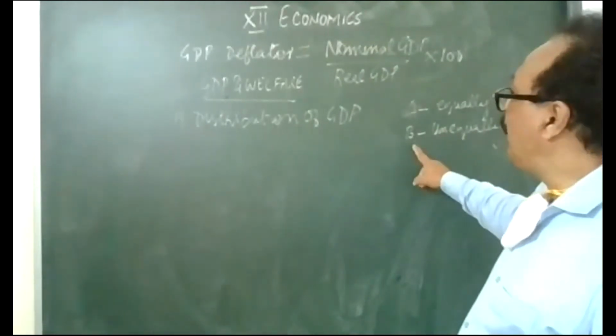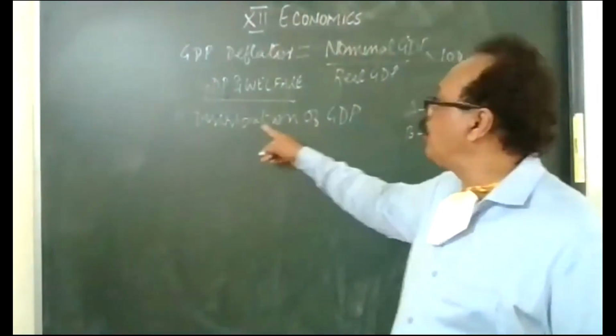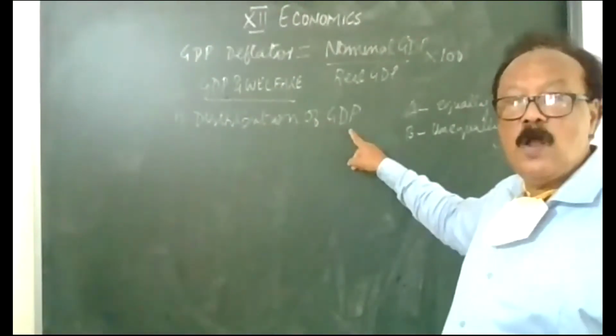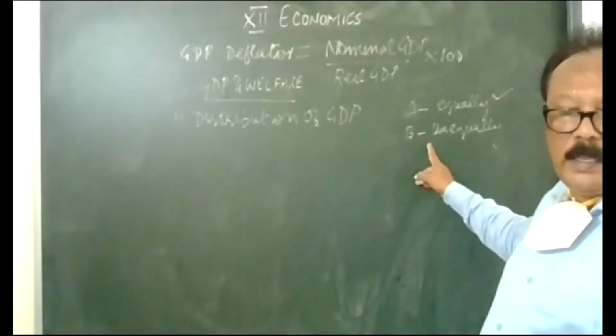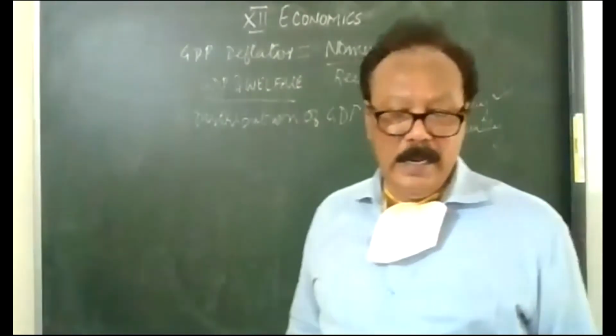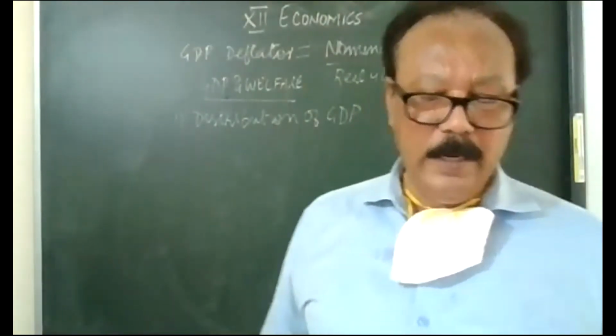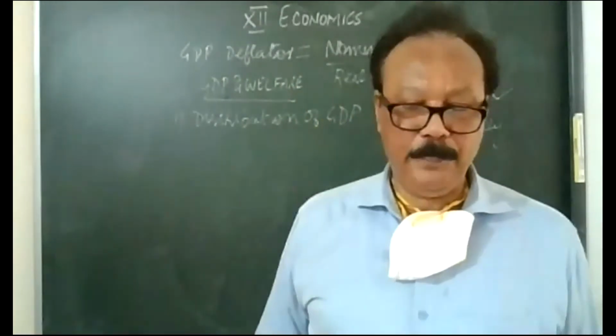But what do we see? Many a time the distribution of GDP is not done equally. It is distributed very unequally, and so this may lead to inequalities of income.